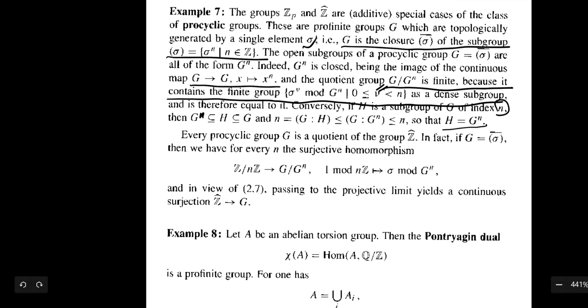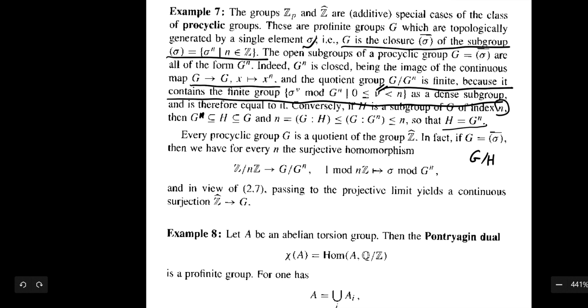So here is the Gn. Why is this true? Let's look at this. If this has index n, do you know it's a cyclic group? Actually, it's procyclic. When you do the quotient, it's of index n. This is a cyclic group. If it's a cyclic group, which means every element has order n, or maybe we don't even need it to be a cyclic group.